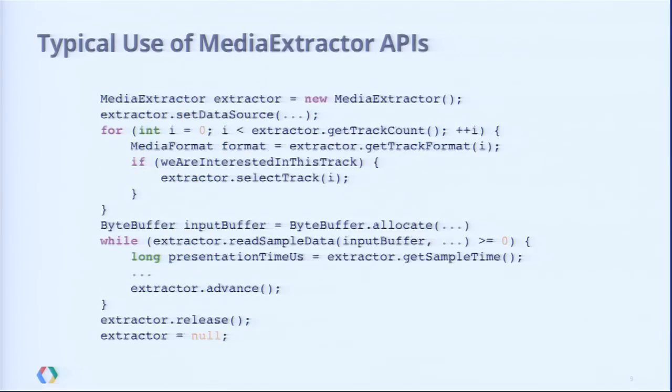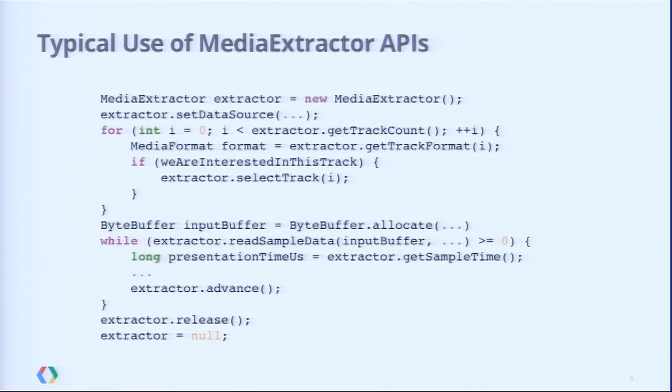To give you an example of how these two APIs work, I will show you two examples. The first example shows you a typical use of the MediaExtractor API we provided. First off, you need to create a MediaExtractor instance by calling its default constructor. And then, just like your MediaPlayer object, you set its data source.